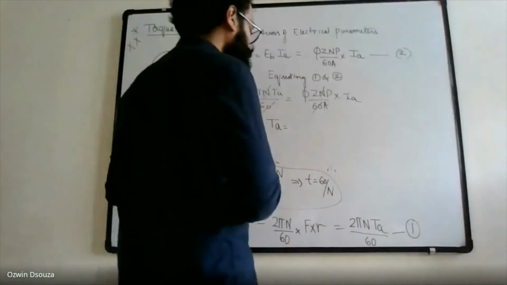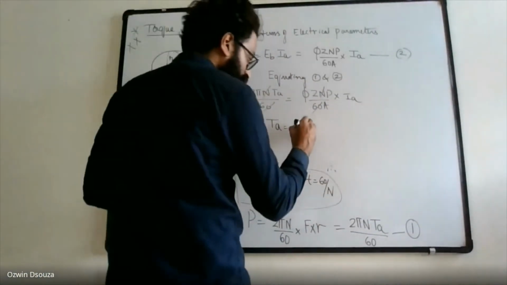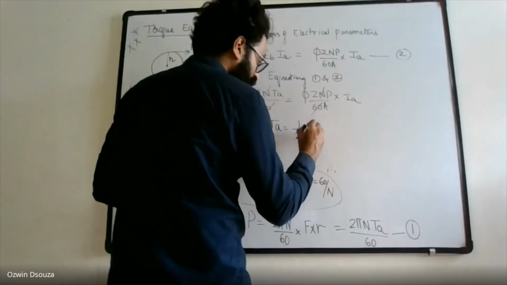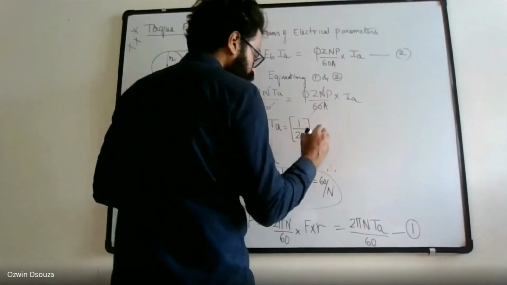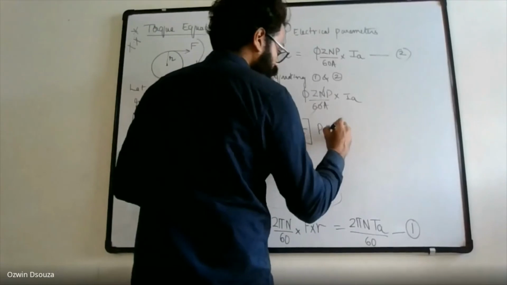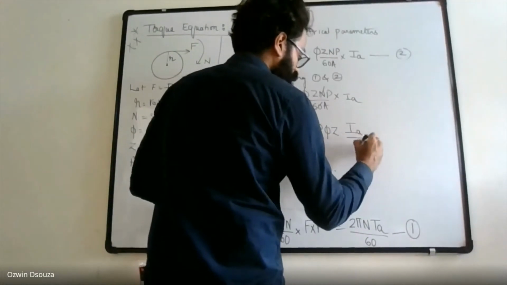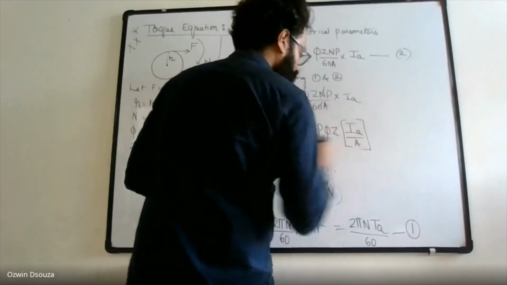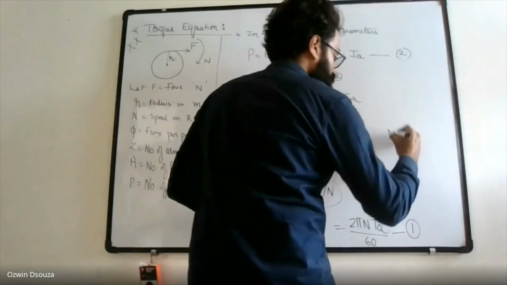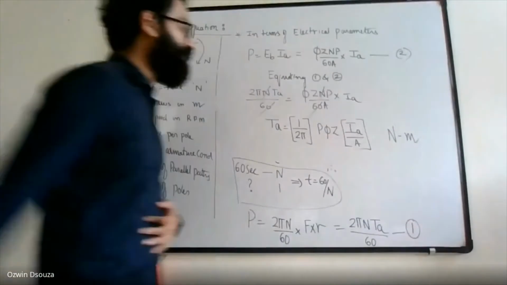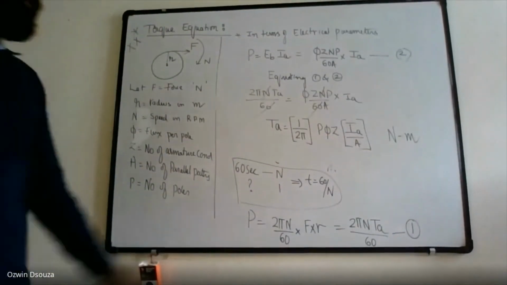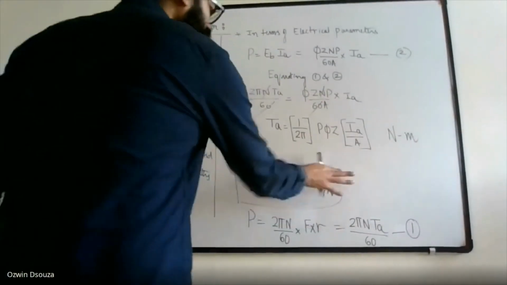So torque developed in the armature, TA, is equal to 1 over 2 pi into P phi Z IA by A Newton meters. So this is the expression for torque developed in the armature.